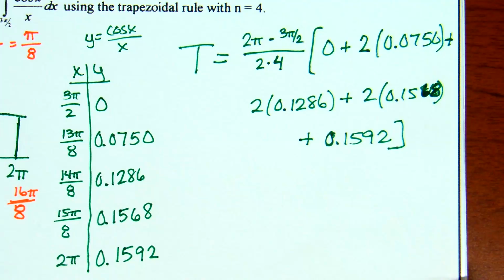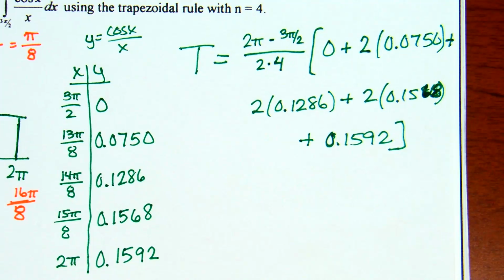Okay. At this point, it has to be a calculator, right? So, 2 pi minus 3 pi over 2 is pi over 2 divided by 8. So that's going to be pi over 16. I can do that part in my head. Stuff in parentheses I can't do in my head. Really? I can tell you what I have written down.